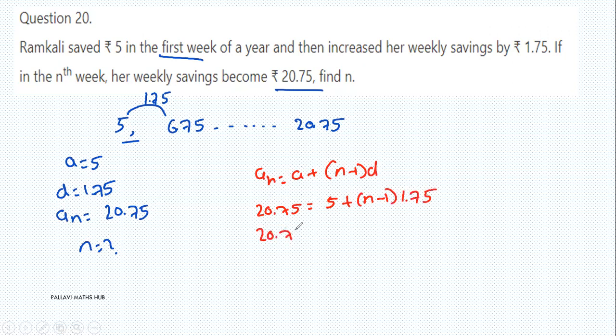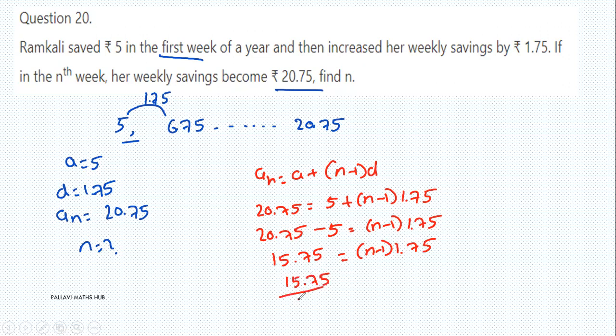So 20.75 minus 5 is equal to n minus 1 into 1.75. It will become 15.75 is equal to n minus 1 into 1.75. So 15.75 divided by 1.75 is equal to n minus 1.